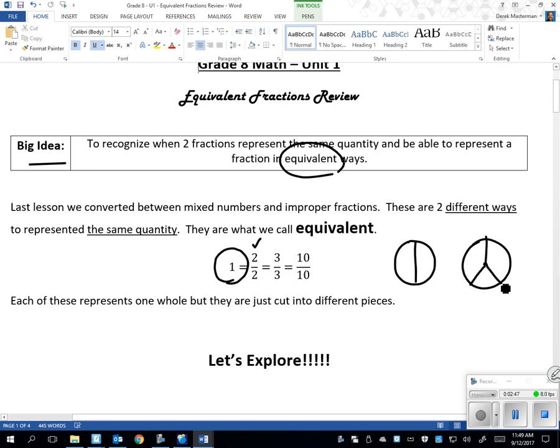I now have 3 thirds is the word. Very good. I have 3 thirds. These look different than each other. Okay? 3, numerator, how many I have. Denominator, what that piece looks like, or how many make a whole.